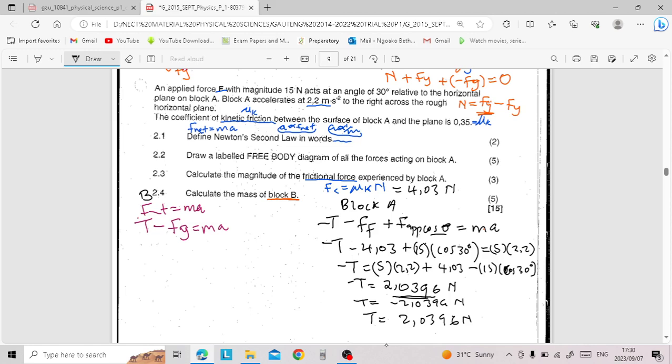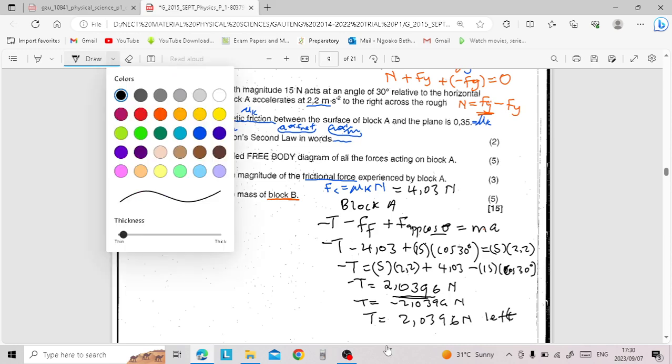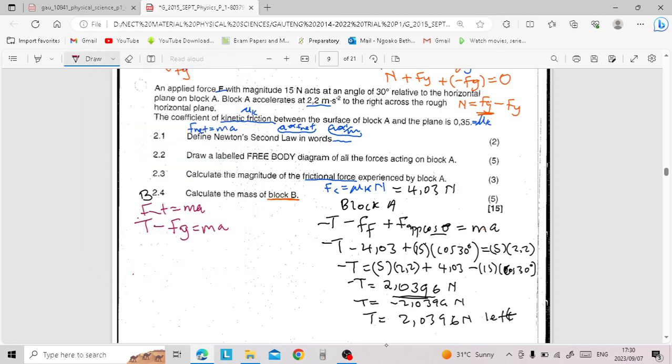And then for block B, going to this one, the tension is 2.0396 minus the Fg, where the mass is m into 9.8, equals m into 2.2.